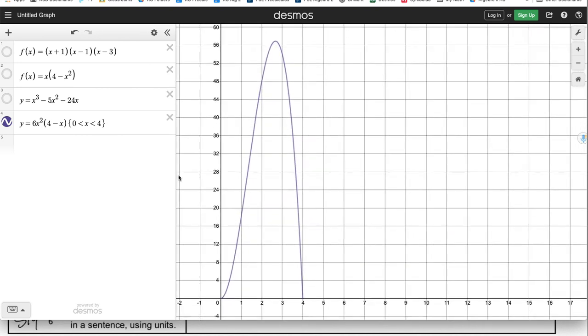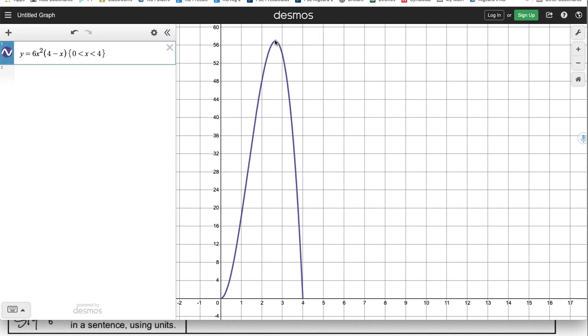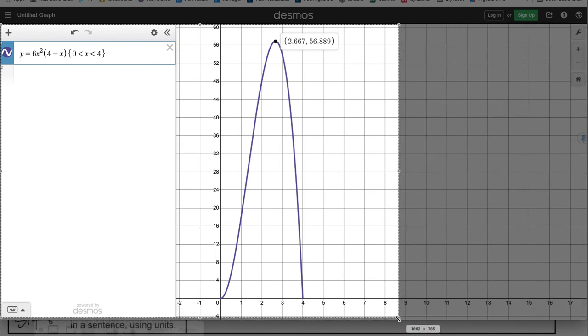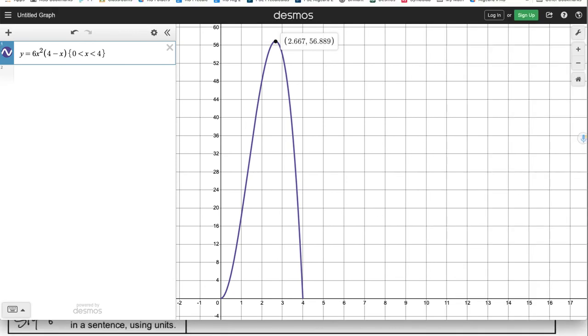I could take a screenshot of that graph just so that I have all the information that I want. And I can click on that maximum point, and then I can add that screenshot to my solution. But really I'm interested in the maximum point. And in fact, I'm not interested in both coordinates of the maximum point. Let's do something here.